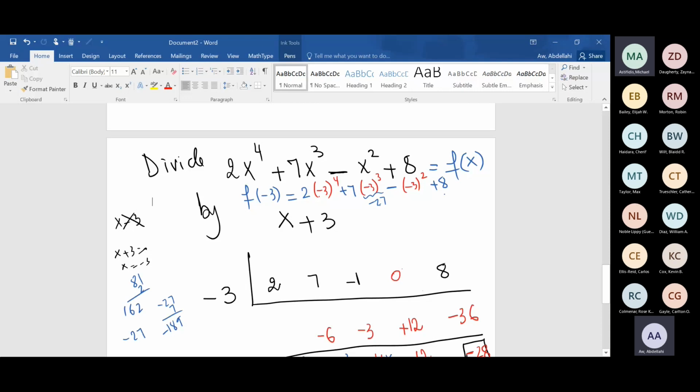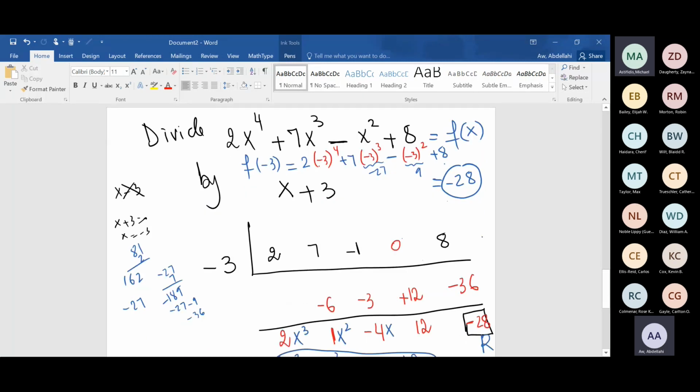And this is 9, it's going to be negative 9. Negative 27 minus 9 is negative 36. And negative 36 plus 8 is negative 28, right? Exactly the remainder.